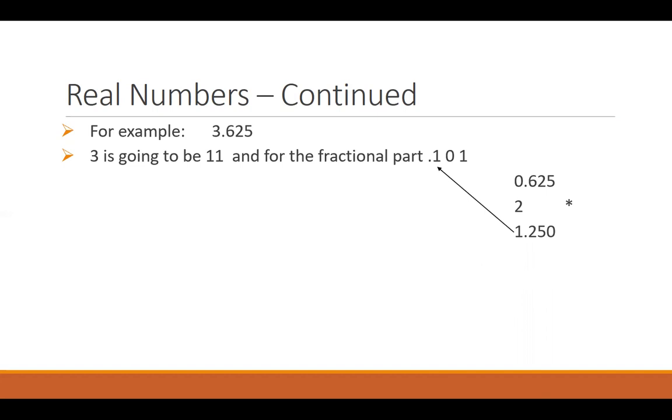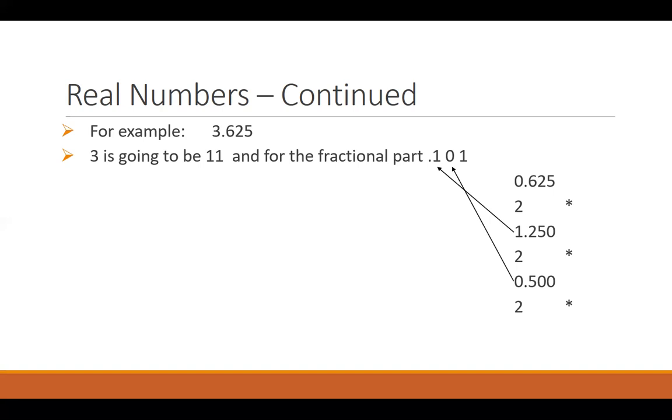As you can see, the 1 there, we are going to take it away and multiply the remainder value with 2. So now 2 is being multiplied with 0.250. The answer to that would be 0.500, and the integer part, the 0, as you can see, is being included in the answer of conversion.